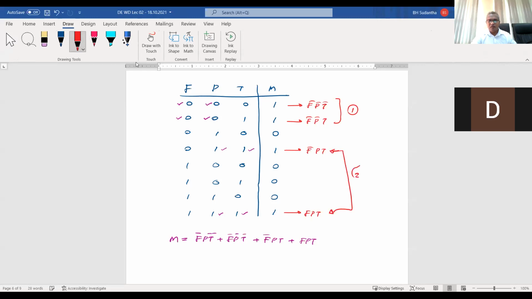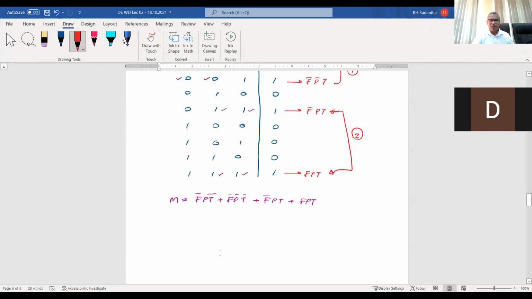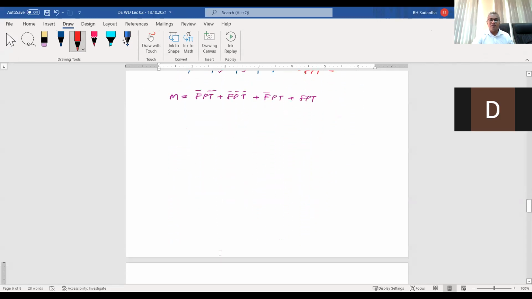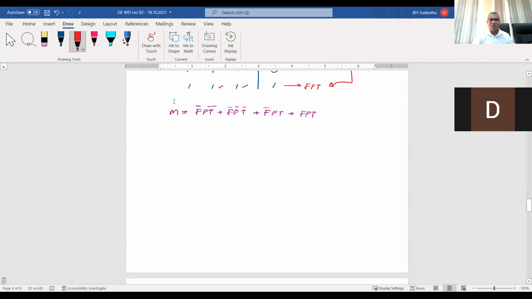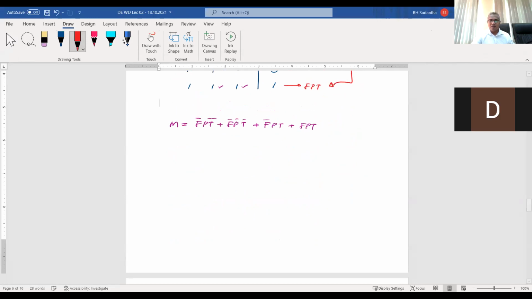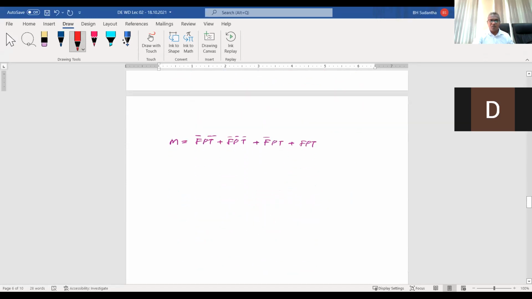And this is the second condition. Okay. Then based on that, considering these ones, we have written our equation. Then we have to draw the circuit.